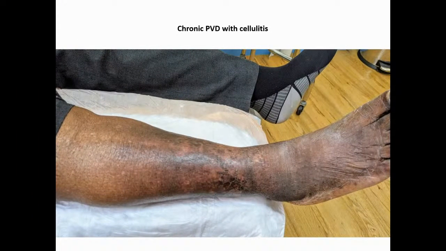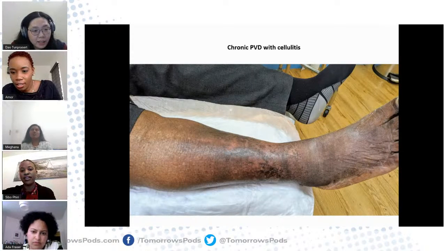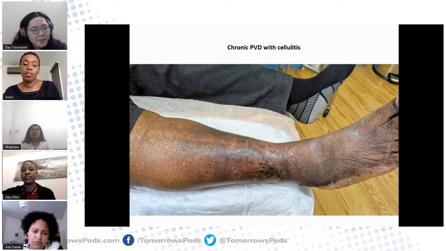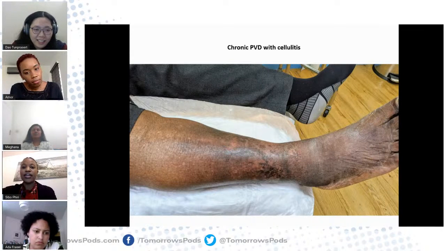It's not brick color like the typical textbook description, is it? Yeah, but that was really good that you could pick that up straight away, Sibo. Have you had an experience with seeing this before? I have seen it, but not in darker skin. Oh, okay. Yeah, coppery brown color.